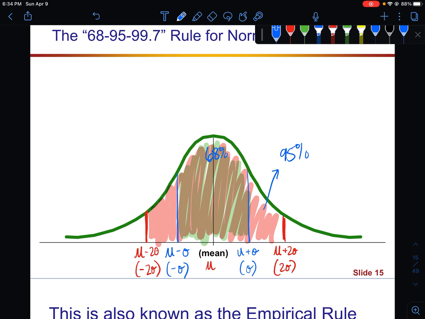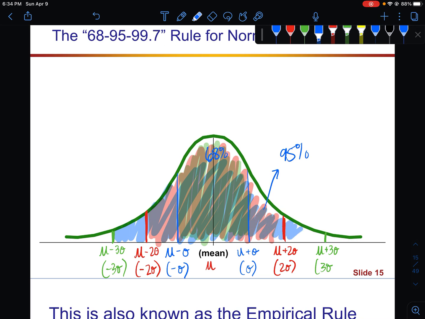There'll be a nice picture on the next page, but I'm just showing you how we're getting these values. And then lastly, if we take mu and subtract 3 standard deviations, or negative 3 standard deviations, and add 3 standard deviations, maybe I'll try this in blue.